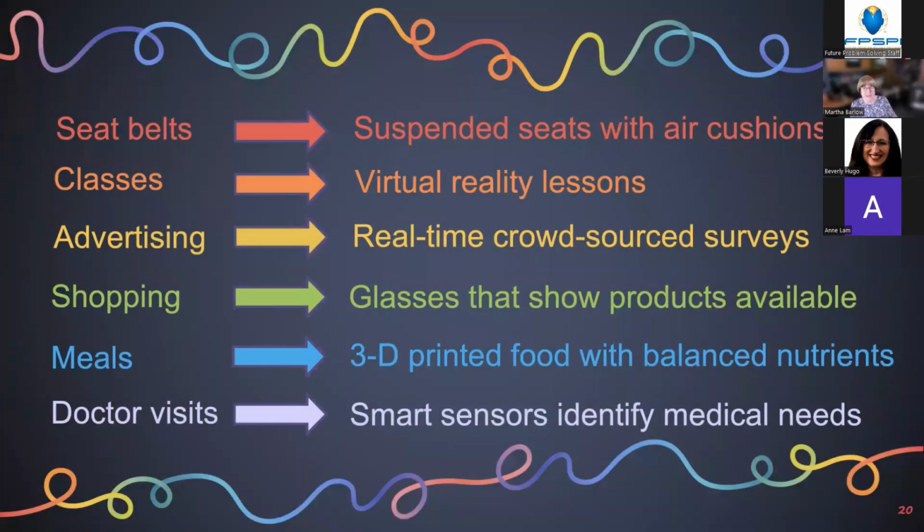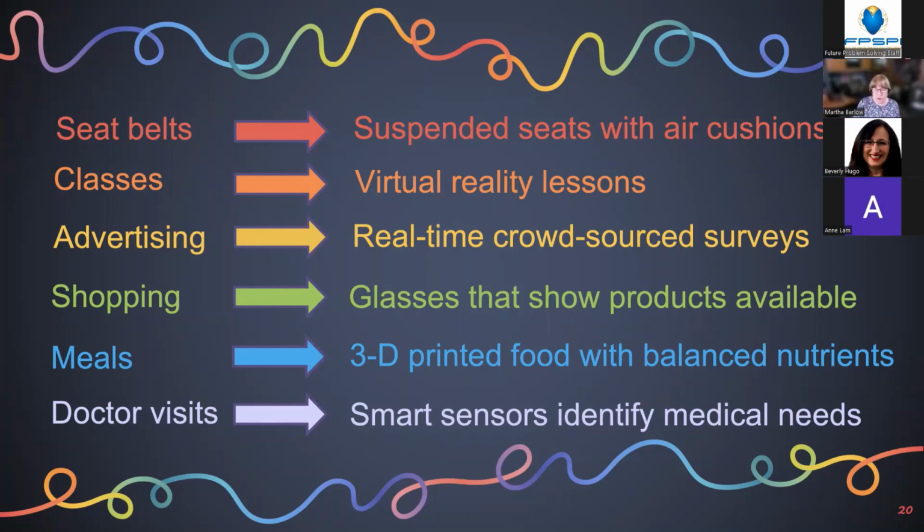So here are some examples, besides the one I just mentioned. We see a lot of students will have classes in this or classes in that to teach them about whatever. So how could you make those more futuristic? Certainly virtual reality lessons, but now kids are sort of used to that. So is there a way to get even more futuristic? Advertising: is it just normal advertising like we're used to today? Or could you do something like real-time crowdsourced surveys, which I've read about, but that's a little more futuristic.